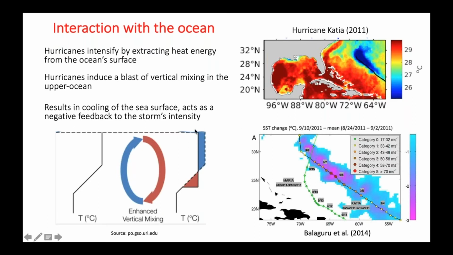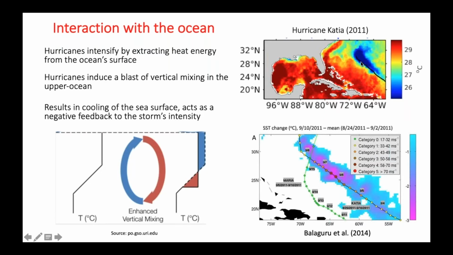So this sea surface cooling is a classic feature of hurricanes and can be observed from space. So this is an example of that. This is Hurricane Katia from 2011. And this is from the microwave satellite. You can see the track of the storm, and you see intense cooling on the right-hand side of the storm.